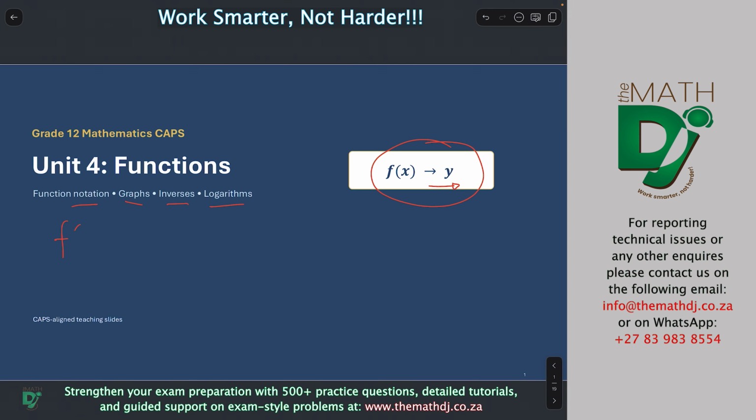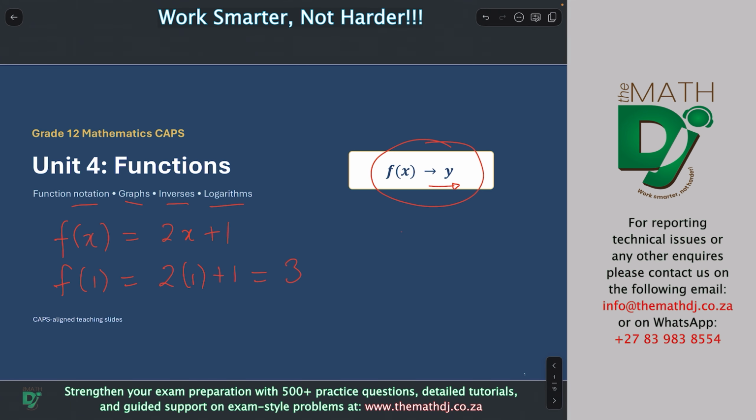For example, f(x) = 2x + 1. So this is a function. If you say f(1), it means you're substituting x with 1. Therefore, f(1) is equal to 3.